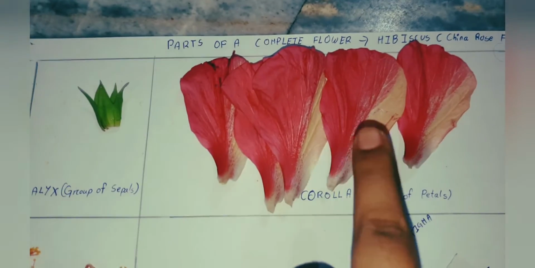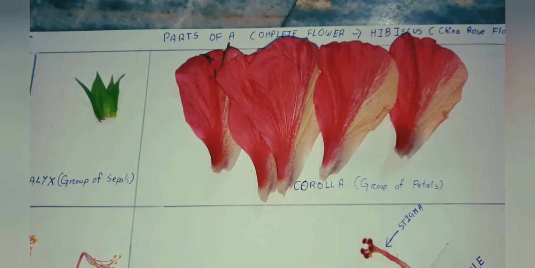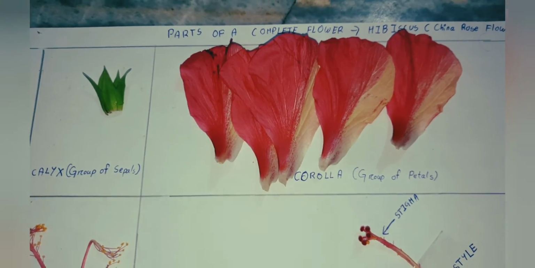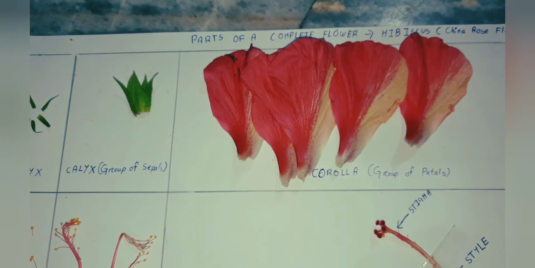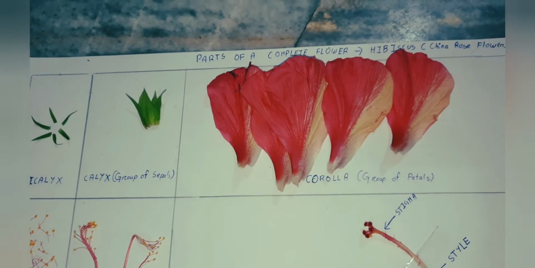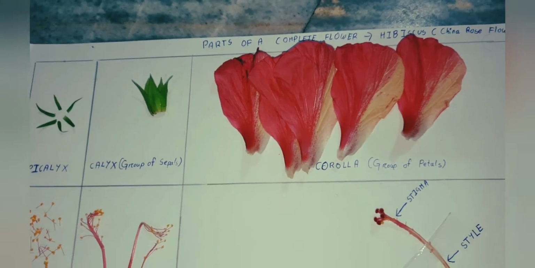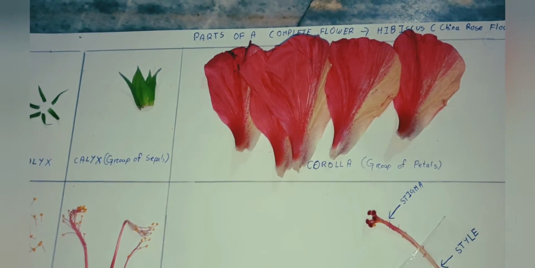Now, what is this? Yeah, we are very acquainted with this. Whenever we see a flower, we don't see its parts, rather we see its petals. If the petal is good, we say, oh wow, the flower is very beautiful. Now, what is the function of these petals?